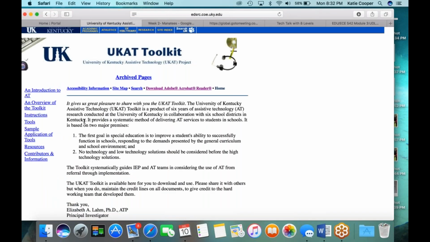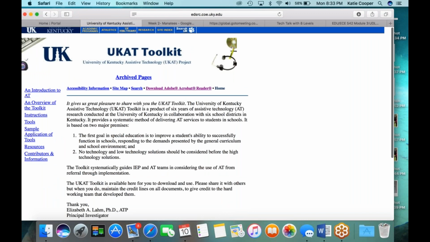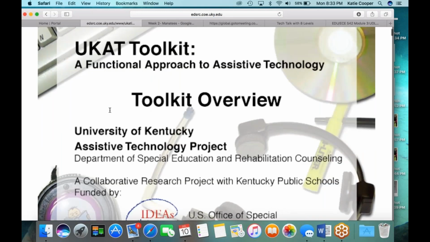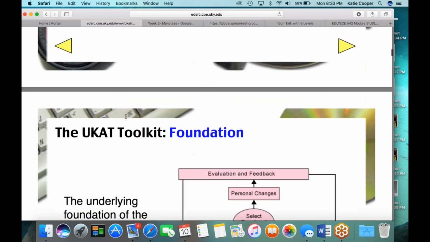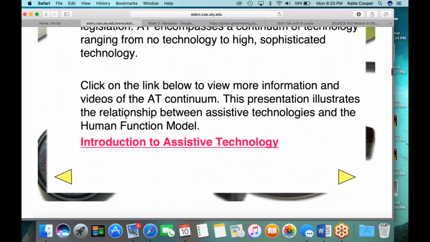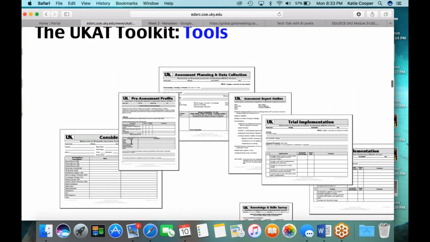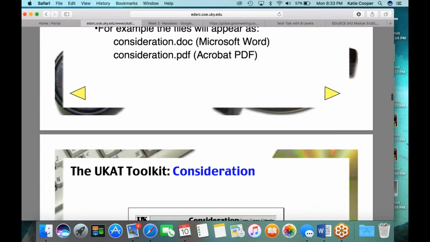This one was a pretty good one. On this there are tools for assessing your student. I'm wondering if now they're charging for them when they used to be free.